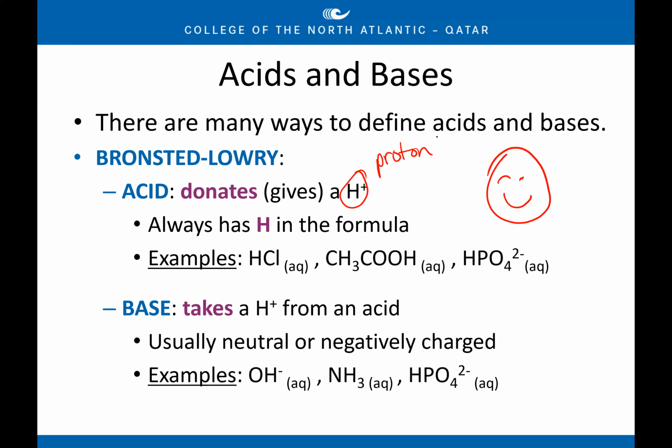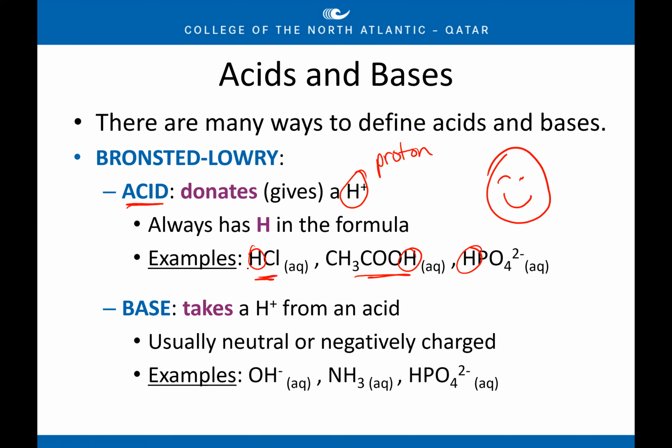I don't care how you define this, it's up to you, but the definition is an acid donates hydrogen ion, or a proton, whatever you want to say. So one thing you'll notice about acids is that all acids have an H in the formula. It doesn't need to be at the beginning, but it typically is. So Bronsted-Lowry acids are chemicals that donate a hydrogen.